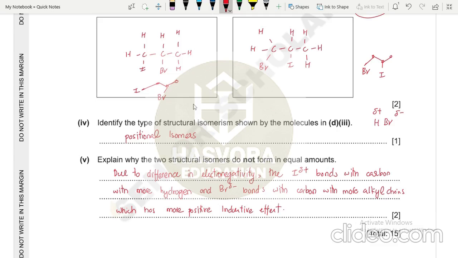So when the Br is moving on to the second carbon, it is more favored because it is a secondary carbocation.